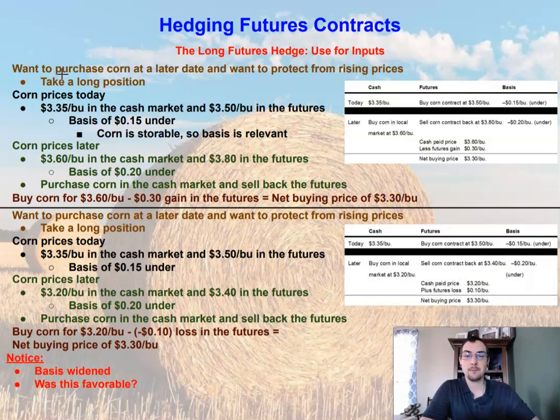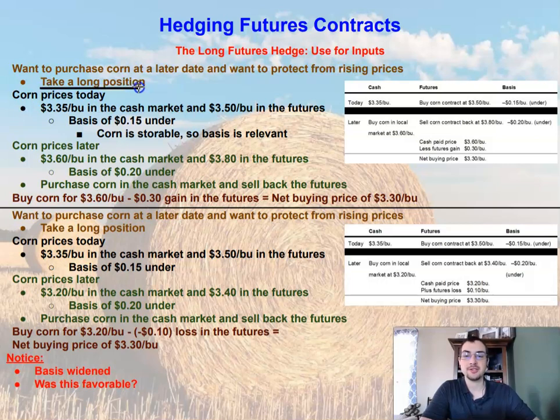So let's say you want to purchase corn at a later date, and you want to protect yourself, not from falling prices, but from rising prices. Because you're buying that input, you want to buy it as low as possible, and you want to protect yourself from the possibility of prices going up. So you take the long position. Why?